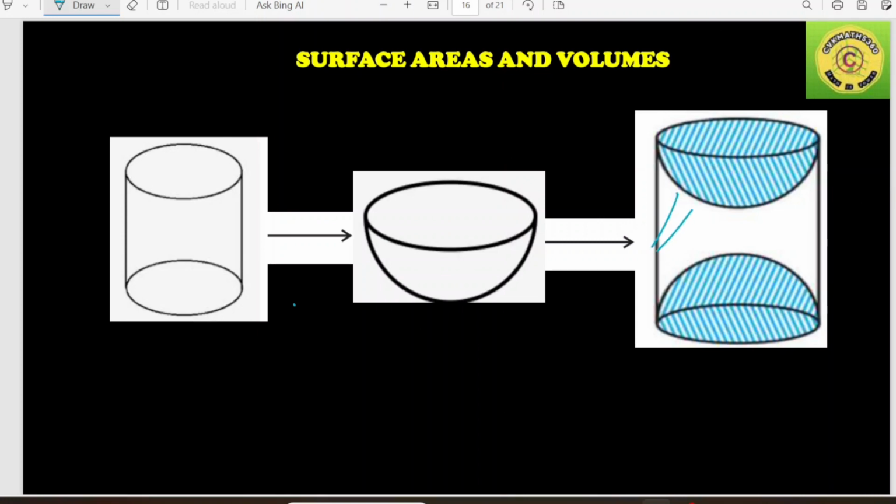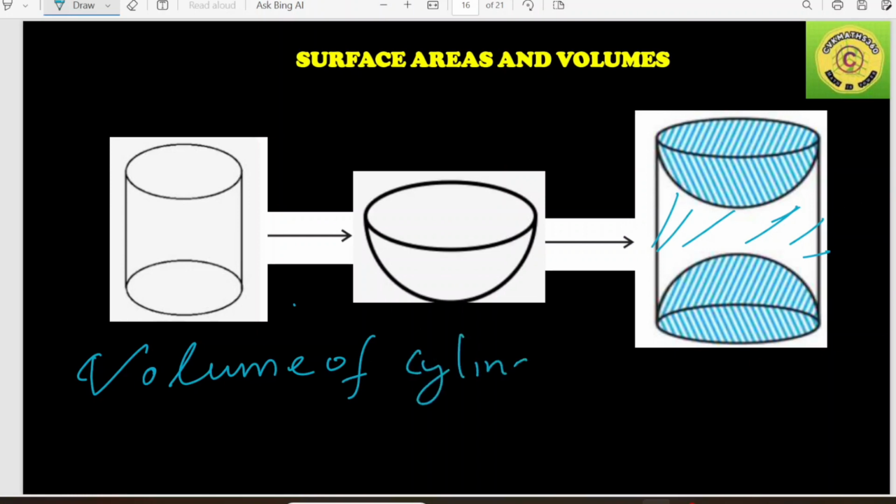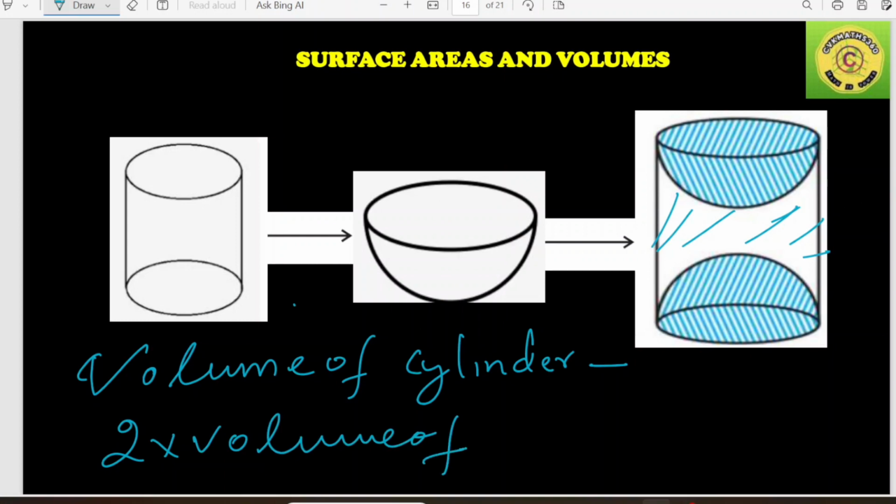So we can do it: volume of cylinder minus 2 into volume of hemisphere, since there are two hemispherical end depressions. You can do it by using this formula, and we will get the answer.